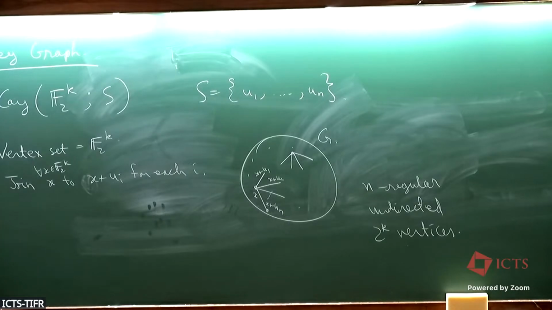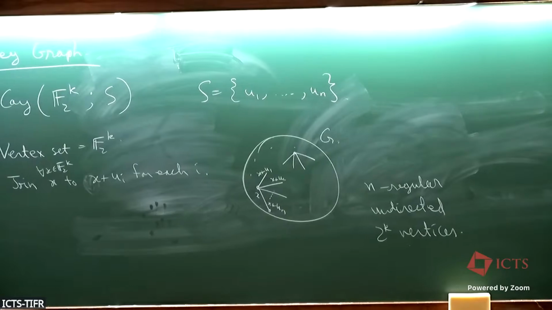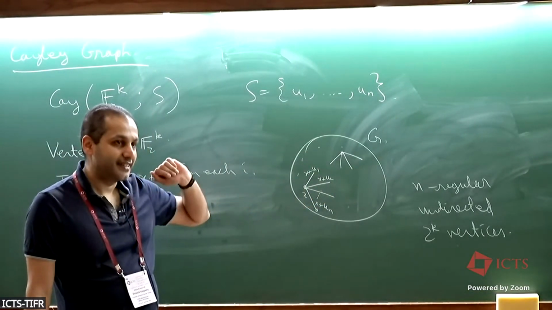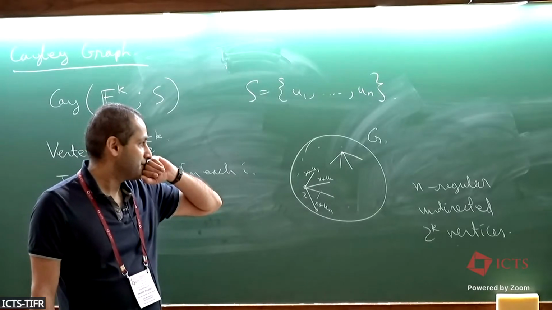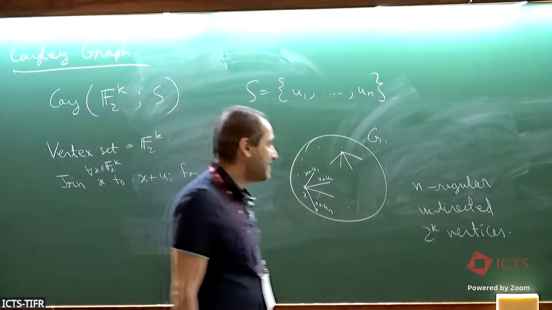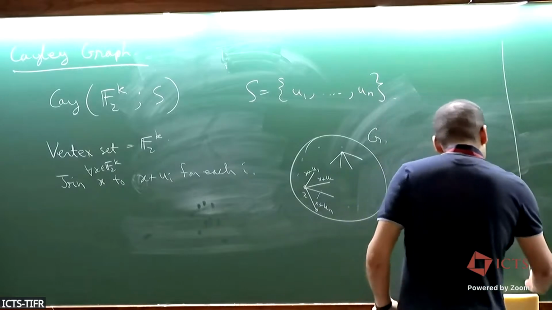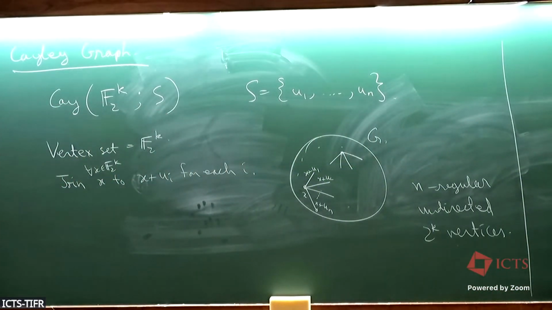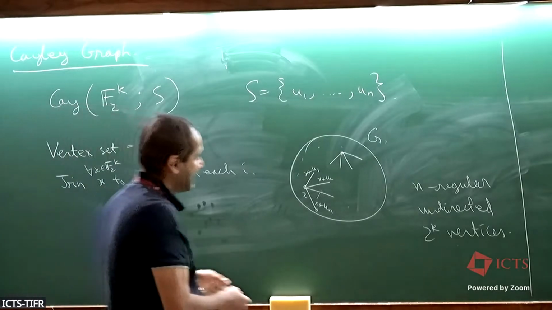So how does the distance of the code translate into this graph? The distance comes from eigenvalues. I'm going to just guess the eigenvalues and the eigenvectors, but after I guess it, you'll see that it's very natural.